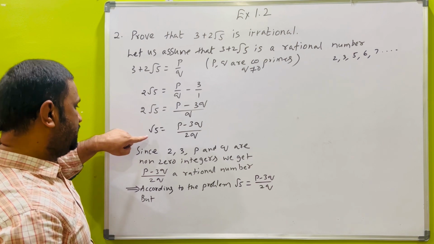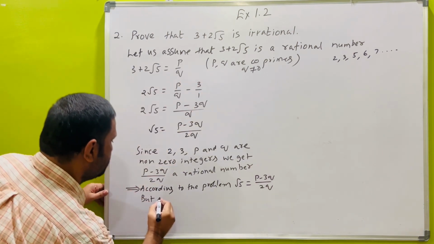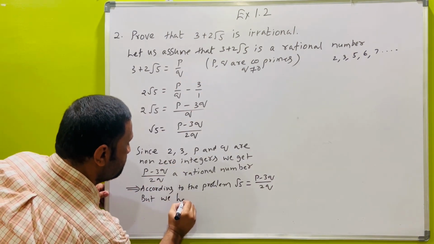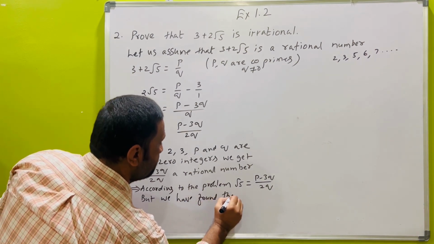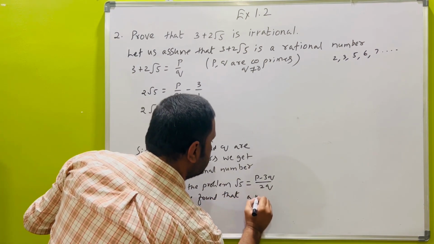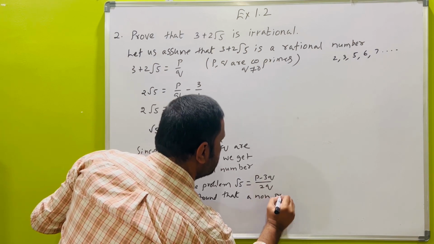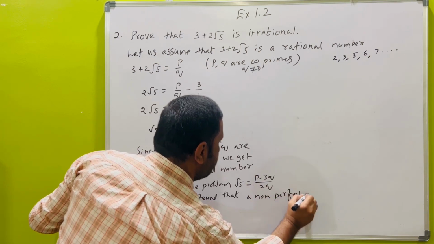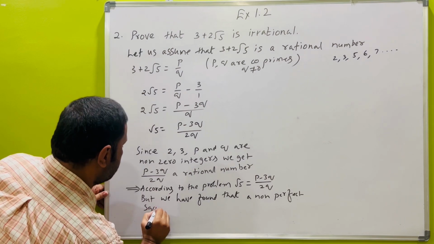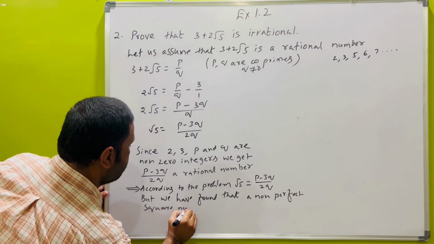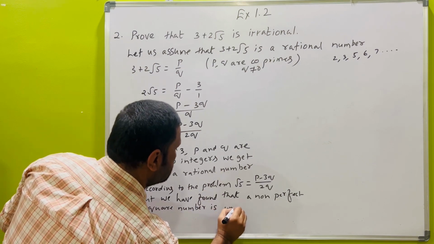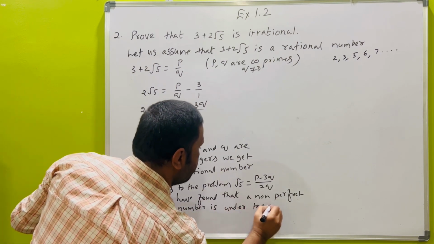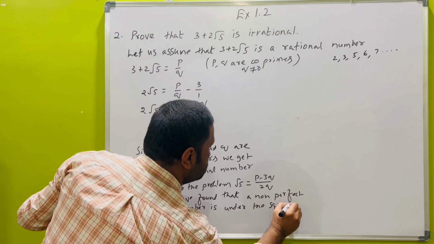But we have found that a non-perfect square number is under the square root.